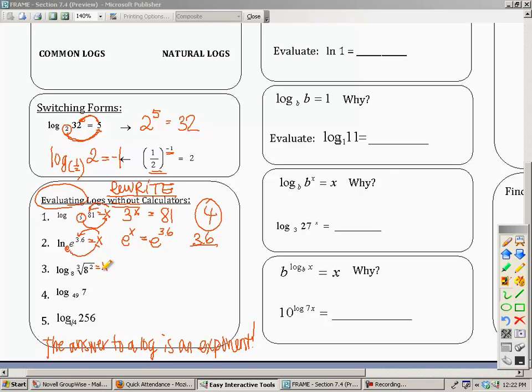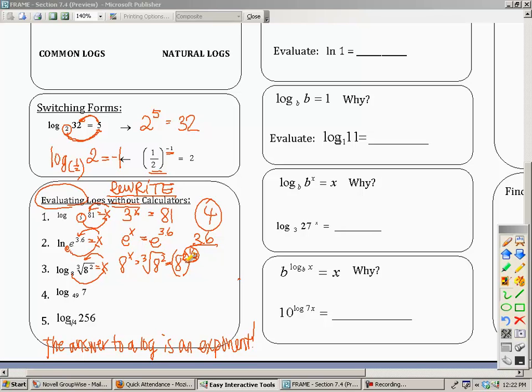They get a little harder as we go. 8 to some power equals the cube root of 8 squared. Okay, let's go back to chapter 6 a second and let's rewrite what this means. Well, this is 8 squared to the 1/3 power, because the cube root is the 1/3 exponent.